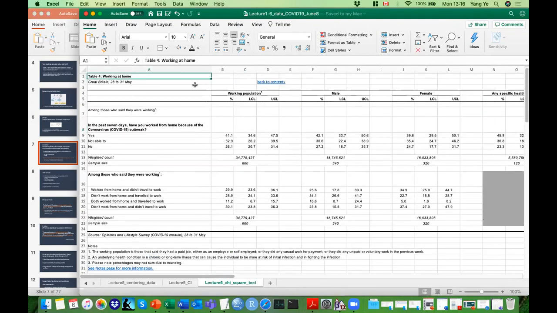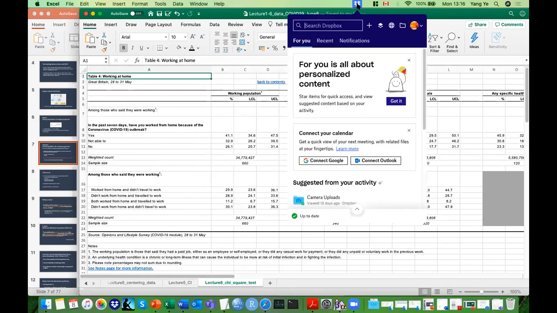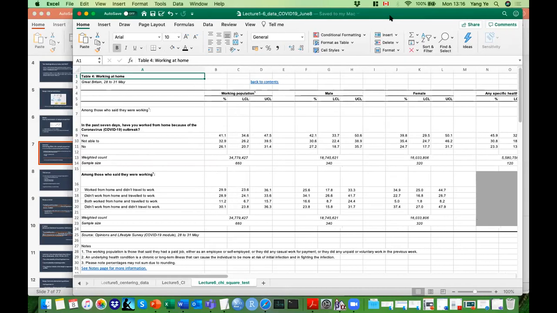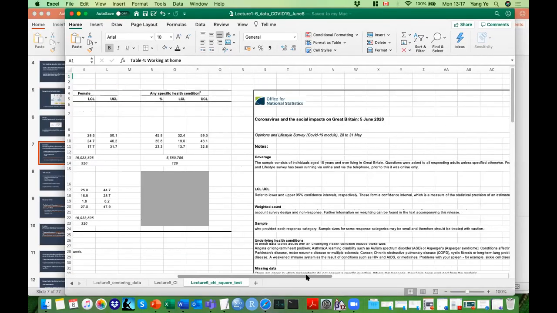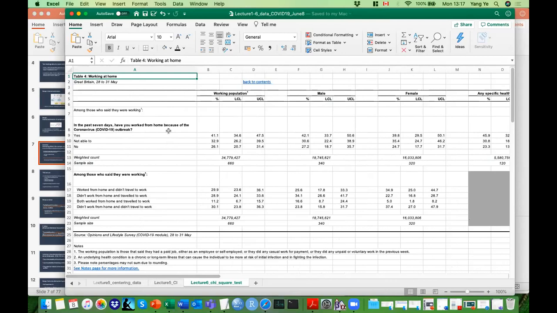Table 4 is about working at home. If you're interested, I will share the whole data, the entire data from the statistics. I think this is the National Statistics Office. But Table 4 is about working at home.